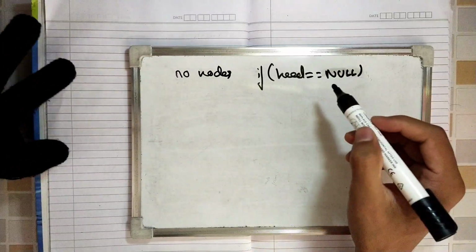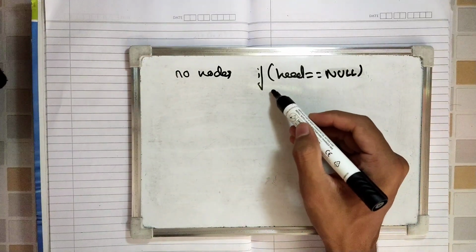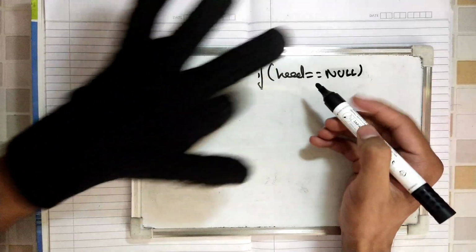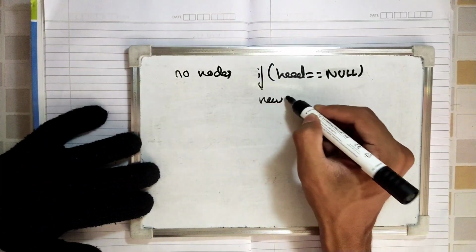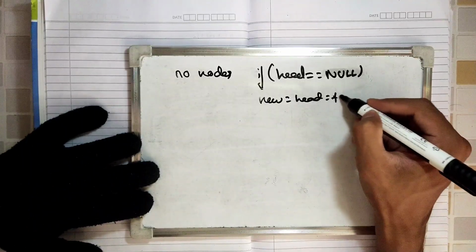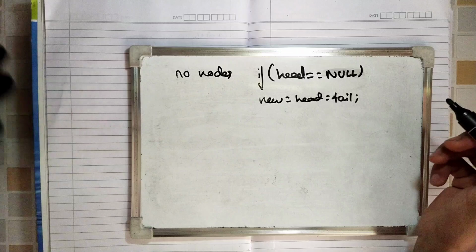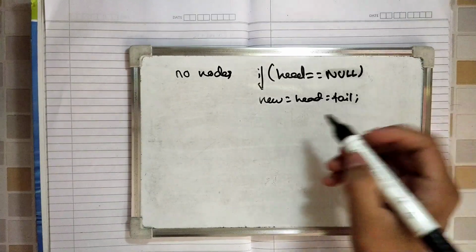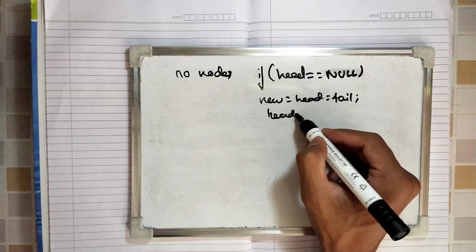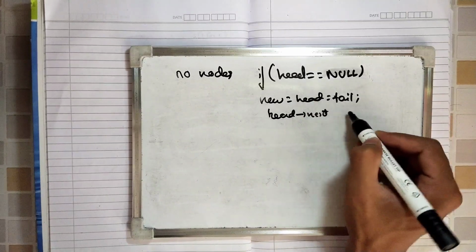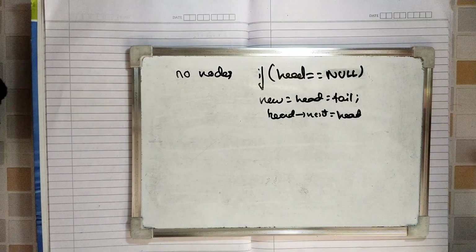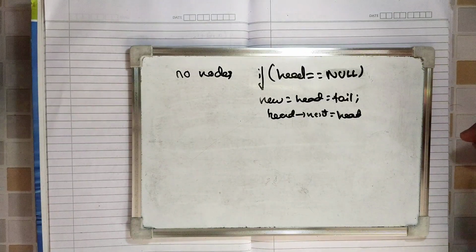Here no node is there, so we write new equals head equals tail. And here you can mention head of next equals head itself. Anyhow, it's not necessary to write, but it's still good to write head of next equals head. Why? Because we had new of next equals new itself.